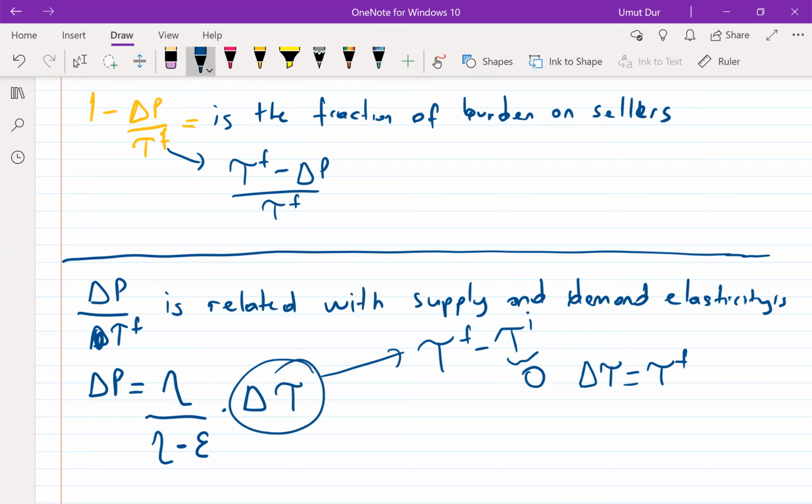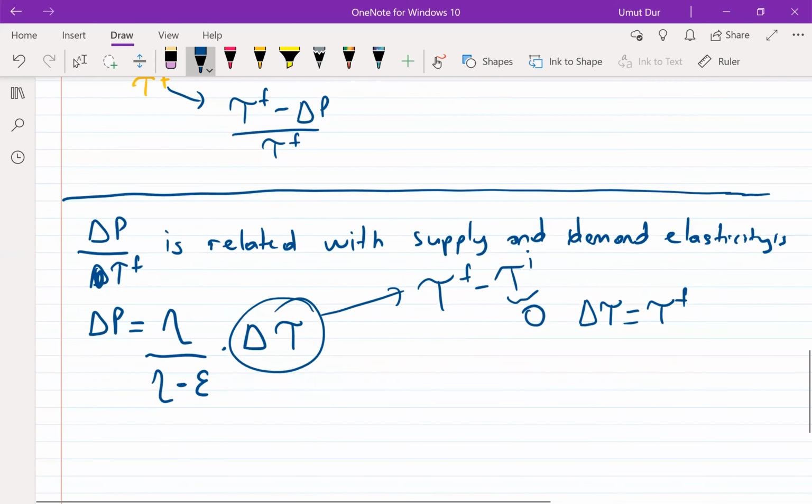We will derive this formula in a few minutes.